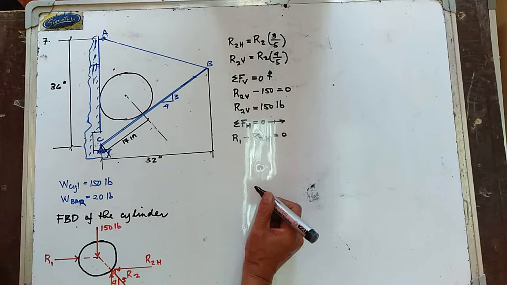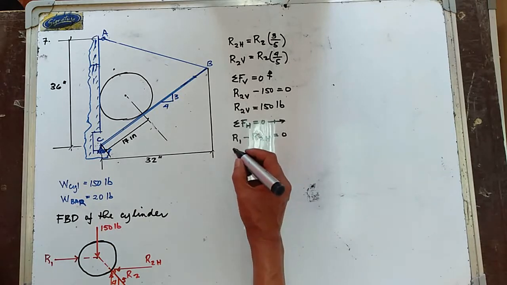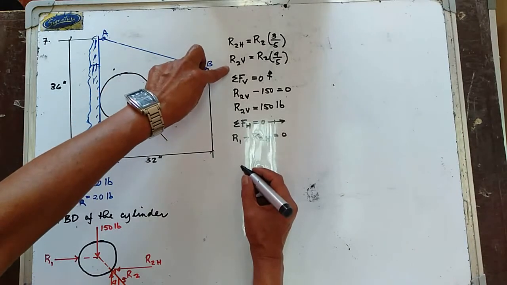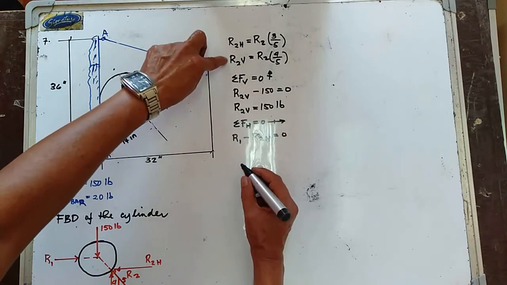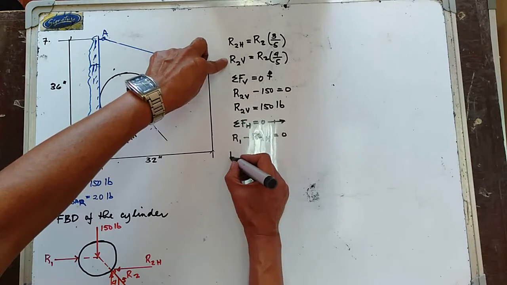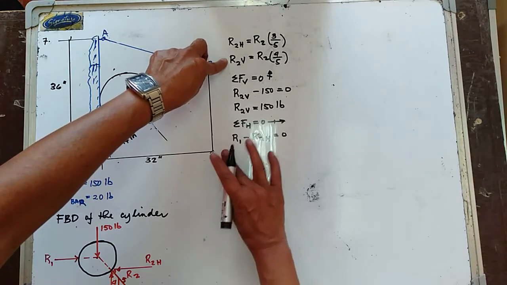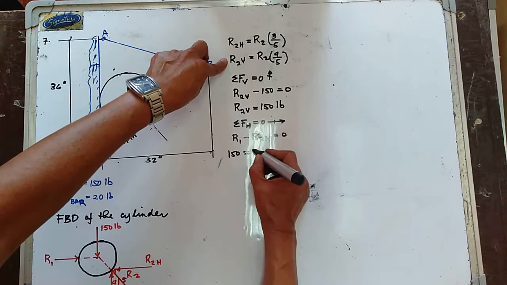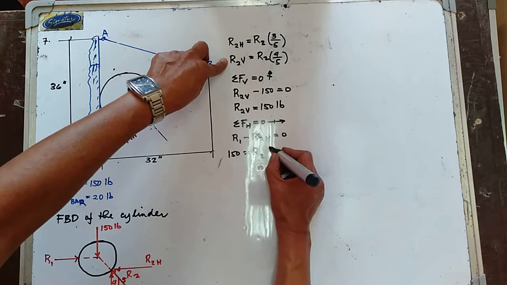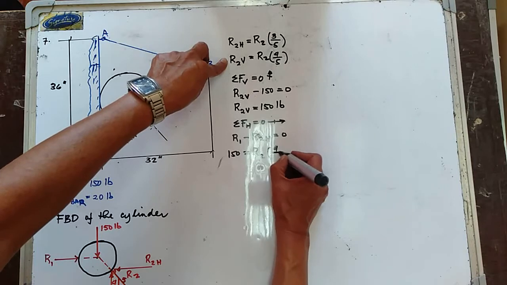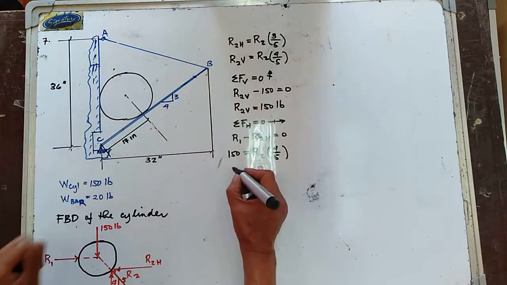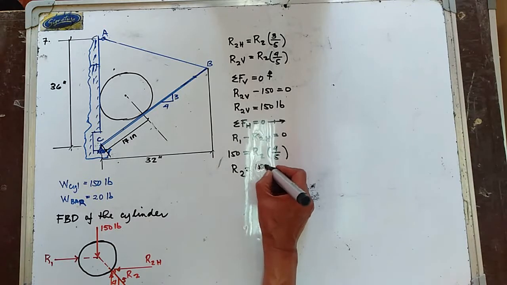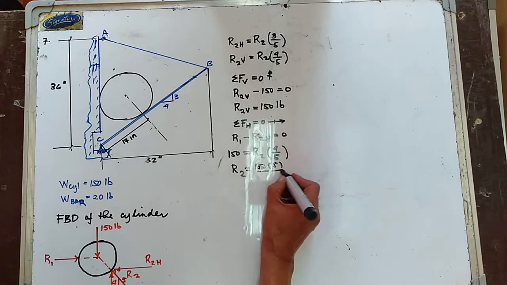Take note that from this equation, your R2 vertical, 150, is equal to R2 multiplied by 4 all over 5. Hence, your R2 is now equal to 150 times 5 all over 4.